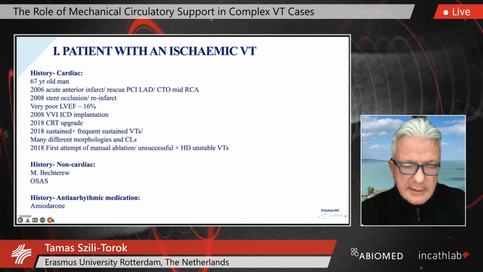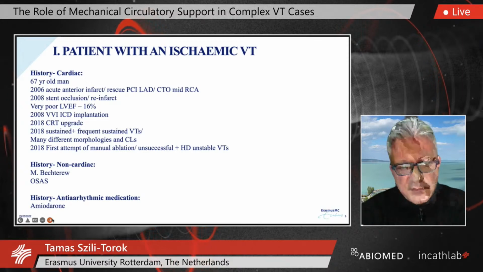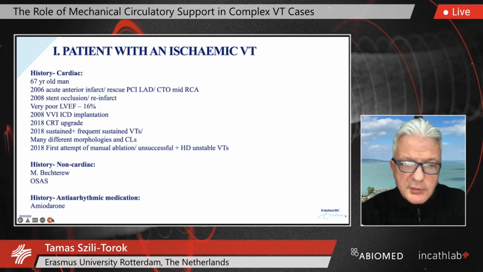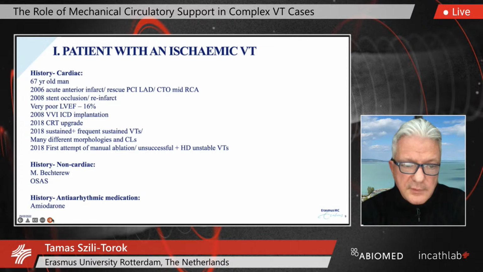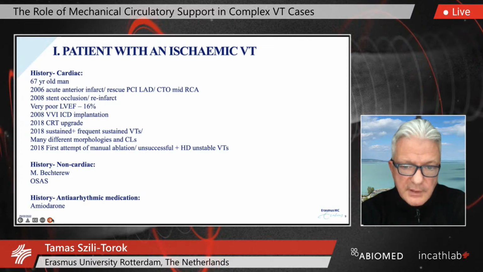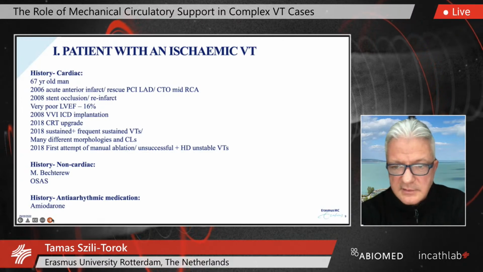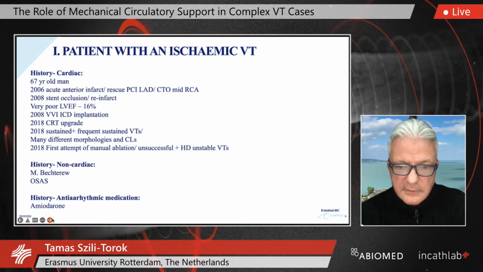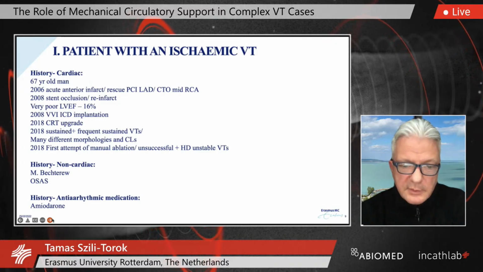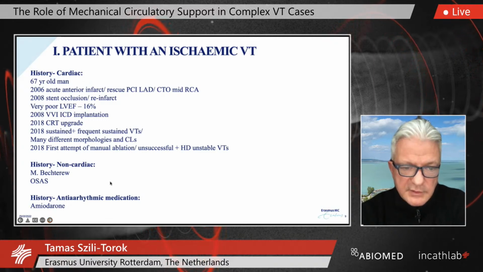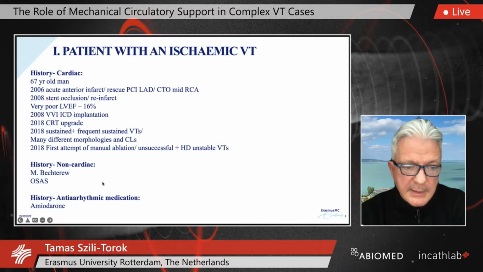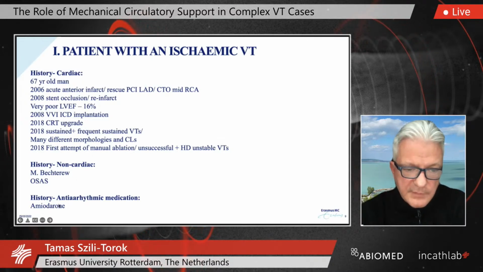In the same year, he developed sustained frequent VTs, with many morphologies on the ECG. The first attempt at manual ablation was unsuccessful because of hemodynamically unstable VTs. It's really something you all mentioned before, that these patients are out there. He was on amiodarone and has some non-cardiac diseases as well.